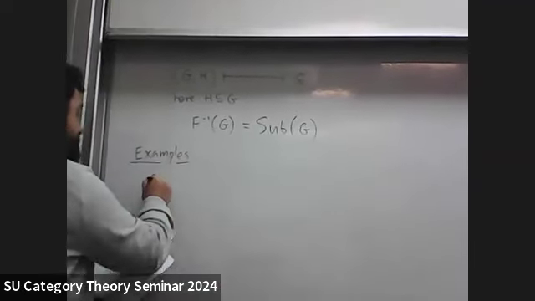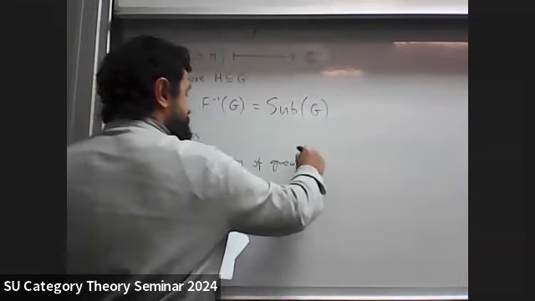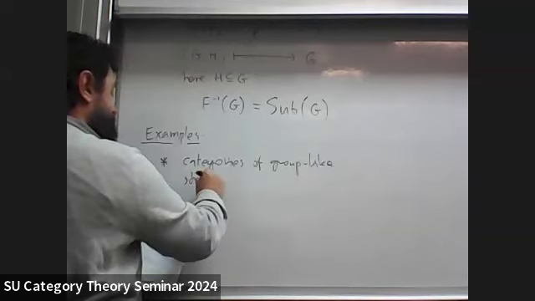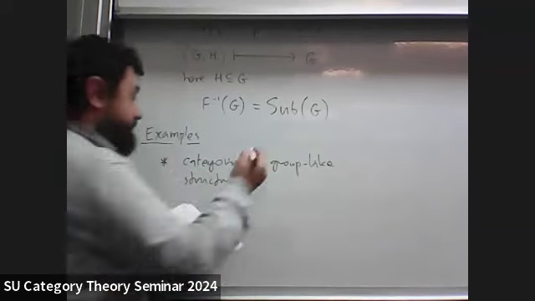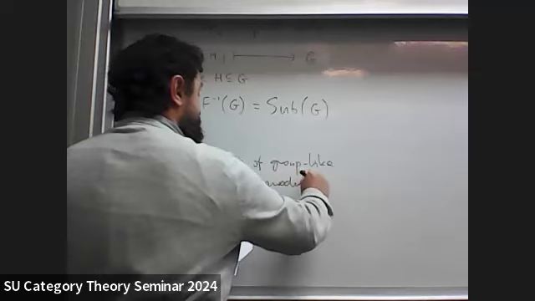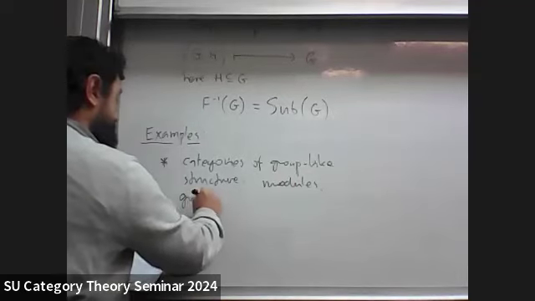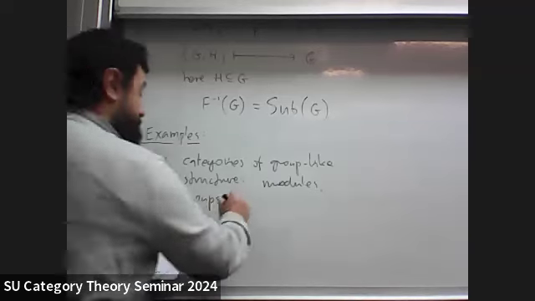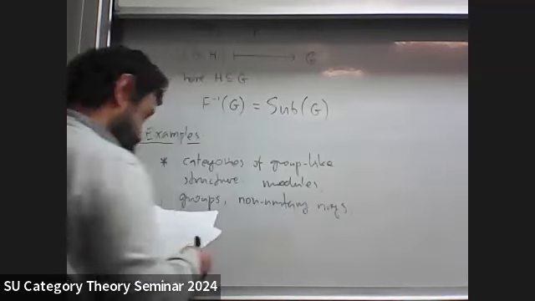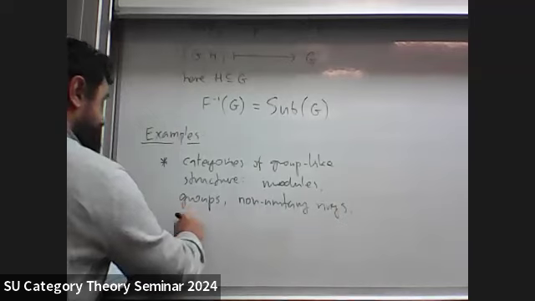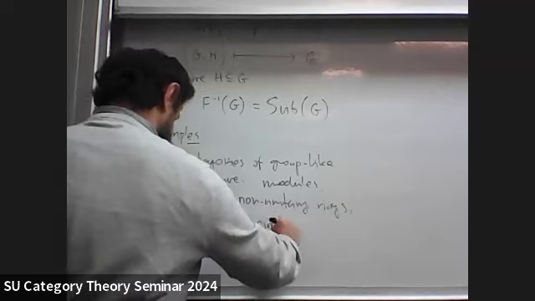Okay, so they include all categories of group-like structures, which means things like vector spaces, or more generally modules over a ring, groups themselves, non-unitary rings, algebras over rings, and many others.